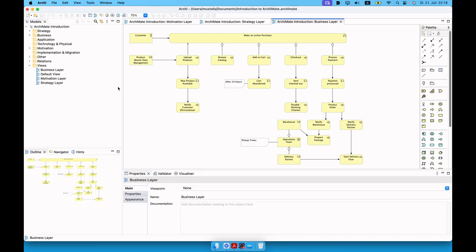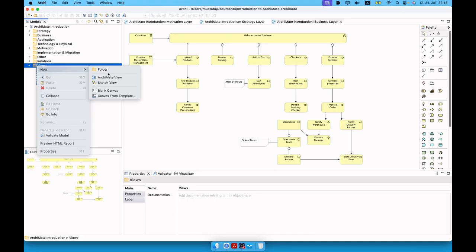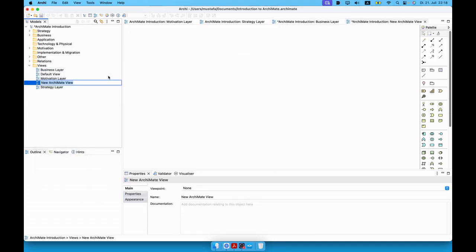We will start with a new view, business layer. In today's session we are going to model specifically one process, so we will call it process view recommender systems.